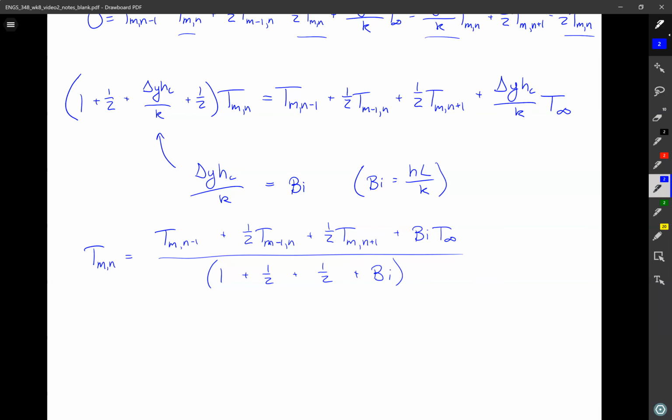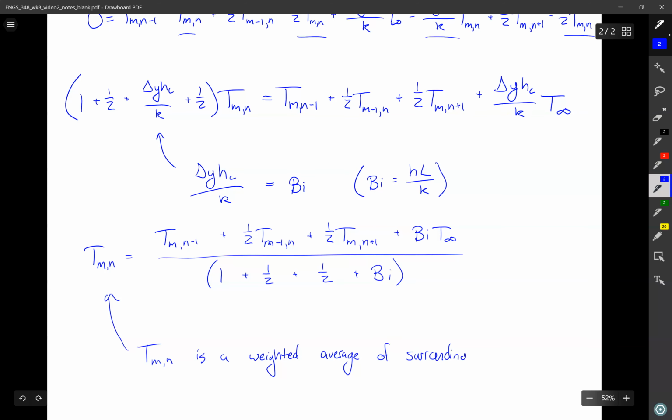And if you look at that, all that is a weighted average. T_m,n is a weighted average of the surrounding temps.